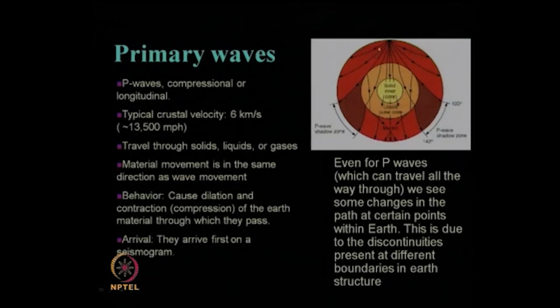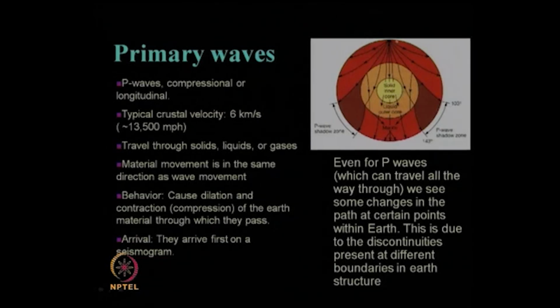The only thing is that the P wave recorded at this part of the world will have an arrival time less than the arrival time at this point, which is quite obvious, because it takes certain time to travel through this distance, because it has some velocity, 6 kilometer per second. So, according to your distance from the epicenter to your seismograph location, it will take the required amount of time to reach that particular seismograph located at various points.